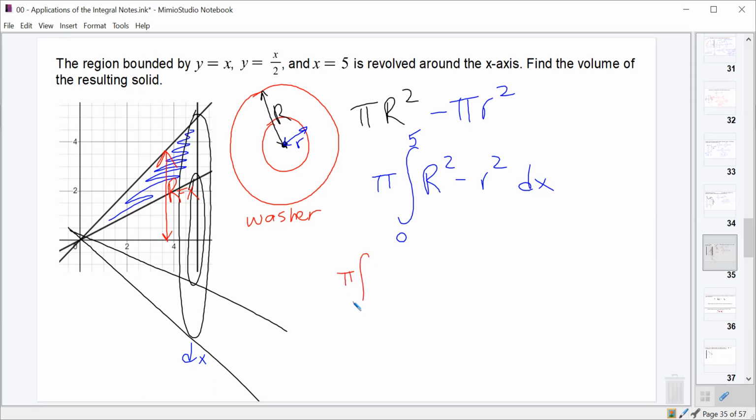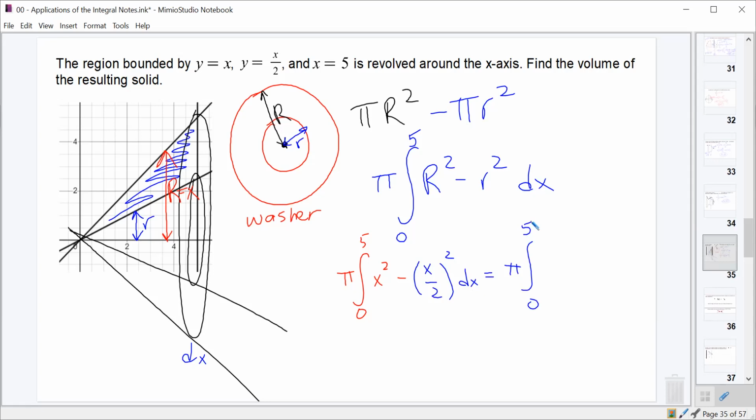We've got pi times the integral from 0 to 5 of x squared minus that little radius, which is just from the lower bound of the region to the x-axis, so that's x over 2. So minus x over 2 squared dx, which will give us pi times an integral from 0 to 5 of, well, x squared minus x over 2 squared.